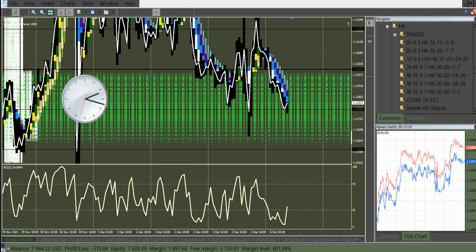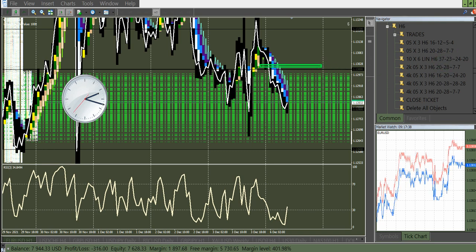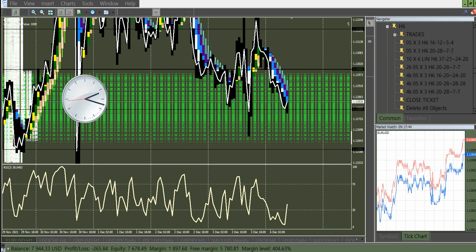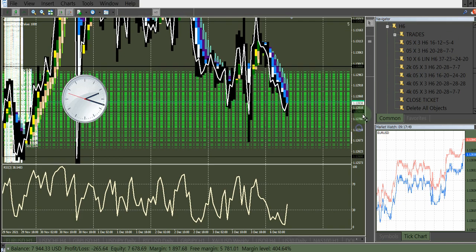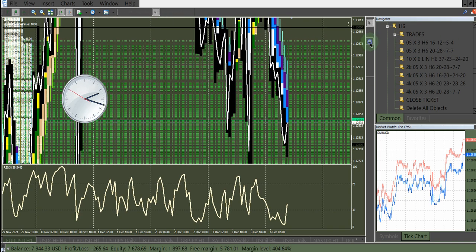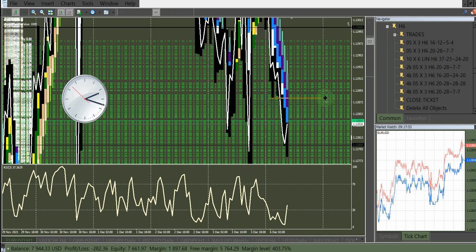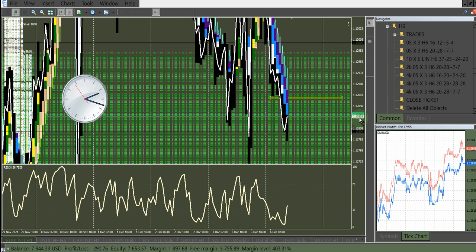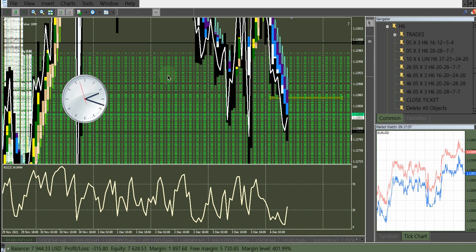Trying to make it back, the ultimate target's going to be up there. First target would be the big crush down. So that lonely wick's going to be my big cash out.